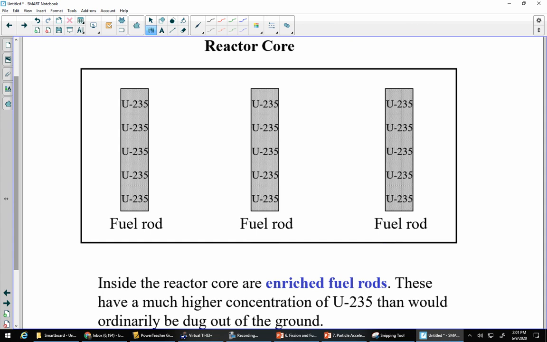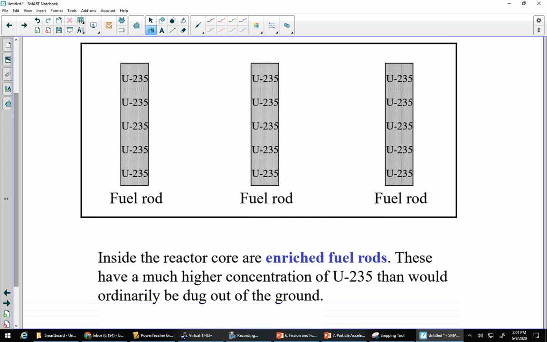So inside the reactor, there are enriched fuel rods. I looked this up a long time ago and don't really remember, but I believe enriched for this is something like 5 to 10% uranium-235, and then 90 to 95% other stuff.